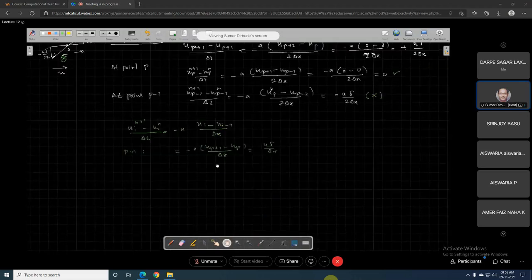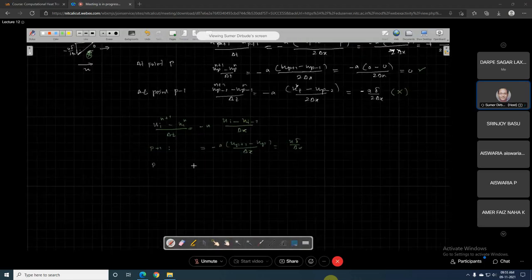At P, you will get minus a times u_p minus u_(p-1) divided by delta x. So you will get minus u_p over delta x, since u_(p-1) is 0.